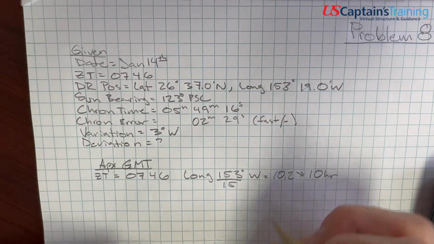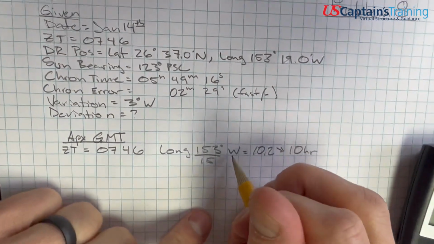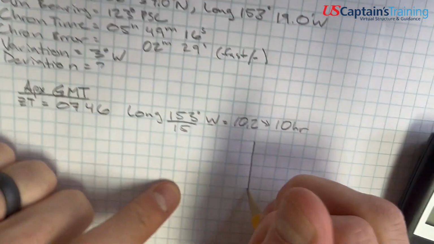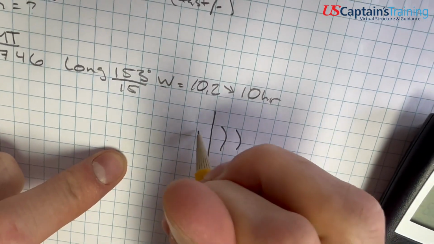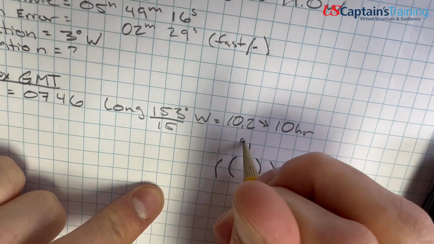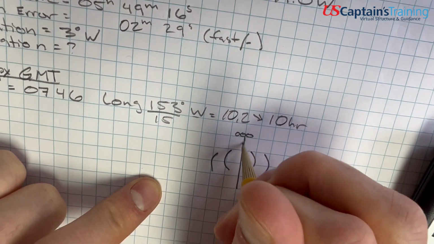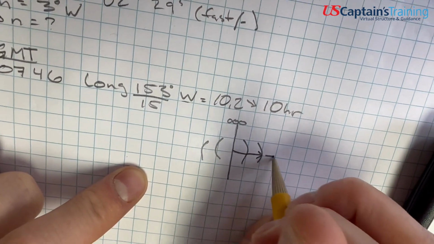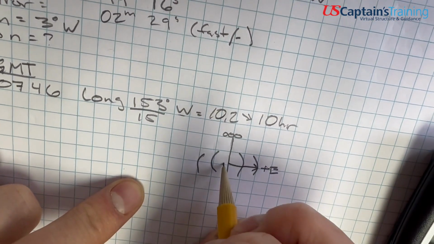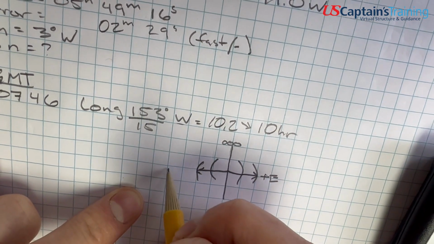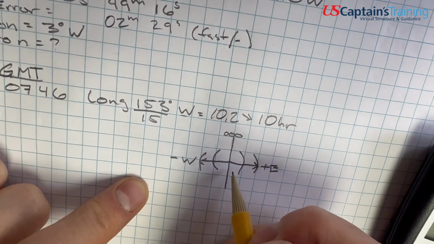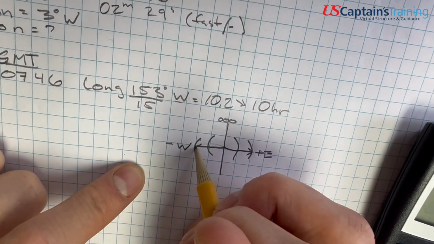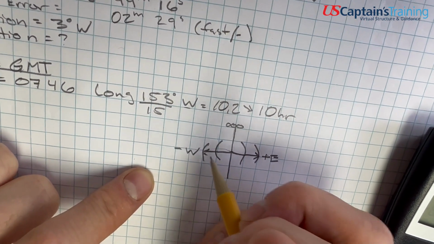We need to know if we're adding or subtracting these, and this west tells us. But let's lay that out in a graph just so we can get an idea what's going on. These are time zones. This is the prime meridian. Greenwich Mean Time runs right through here. When we go to the east, we are adding, and when we go to the west, we're subtracting time. You can think from New York to California, you go west and you subtract time.